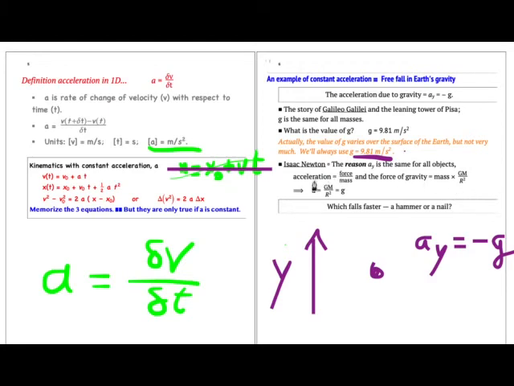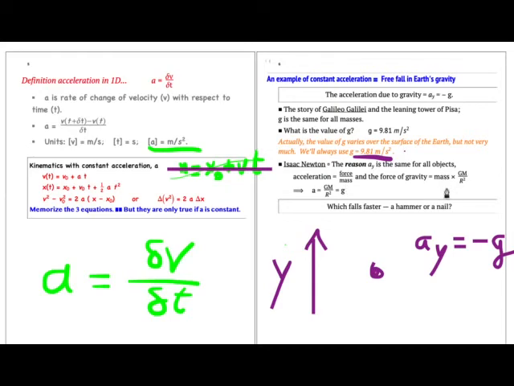And if you combine Newton's theory of acceleration, acceleration is force divided by mass, and Newton's theory of gravity, force of gravity is mass times GM over r squared, you see the mass cancels out. You have mass times GM over r squared, that's force, divided by mass.